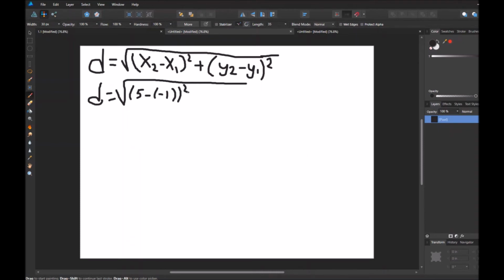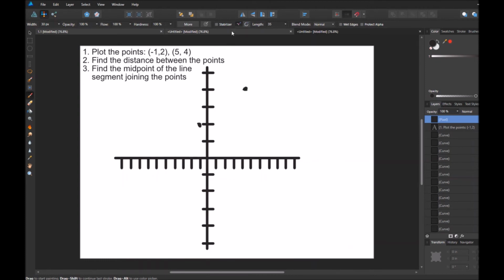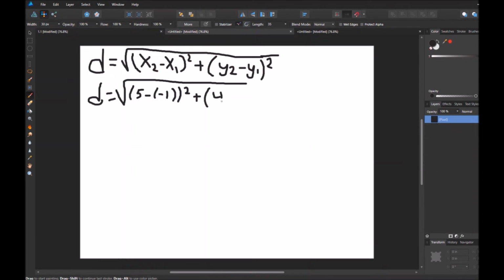And then that's all going to be squared. And our y2 in this case is going to be 4, and our y1 is going to be 2. So that's going to be squared.